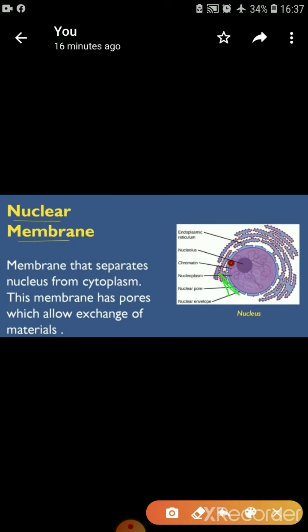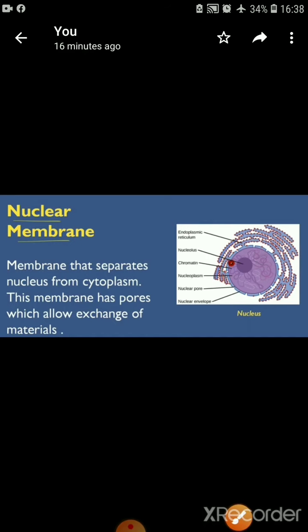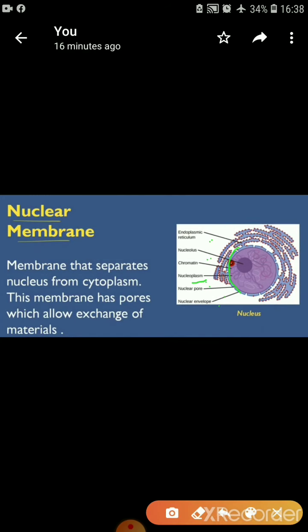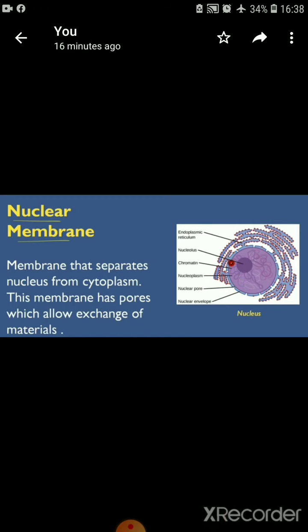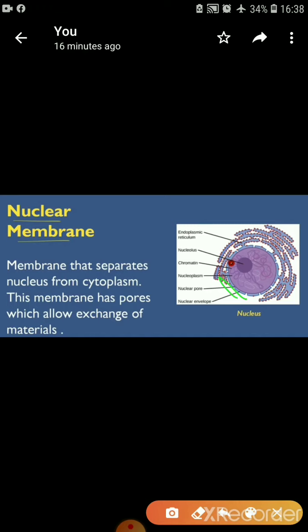I already told you that there are pores there, they are having nucleus pores also, isn't it? So what are the pores, what is the function of the pores? This membrane has pores which allow exchange of material. Inside the protoplasm there is the nucleus in the middle, and on the other sides there is the cytoplasm. These pores allow exchange of selected material.